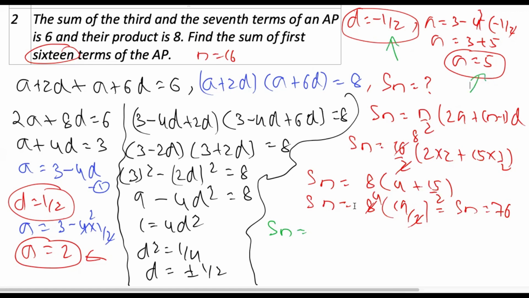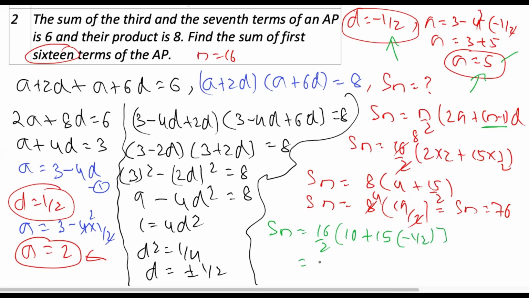Now we'll find one more value of Sn, this time taking d as this and a as this. So applying the same formula, I'm going to replace n as 16, 16 over 2 bracket 2 times a, and a is 5. So 2 times 5 is 10 plus n minus 1, and n is 16, 16 minus 1 is 15, and d is negative half.